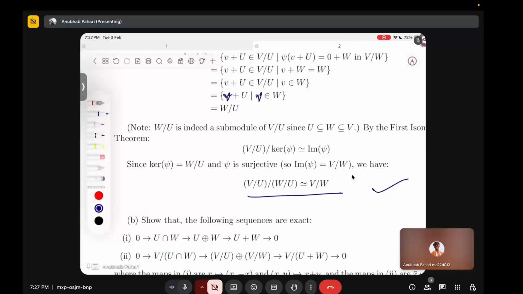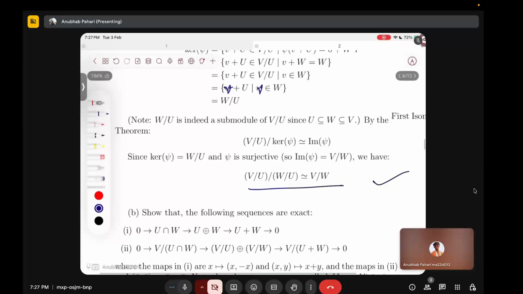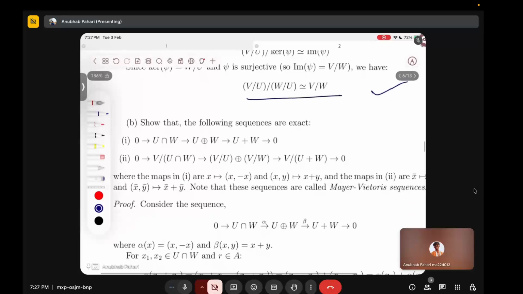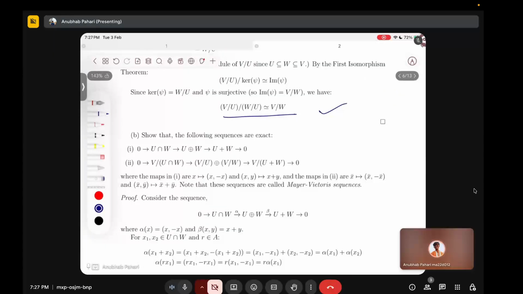Okay, so let us start doing this. Okay. Yeah, so that the following sequences are exact.